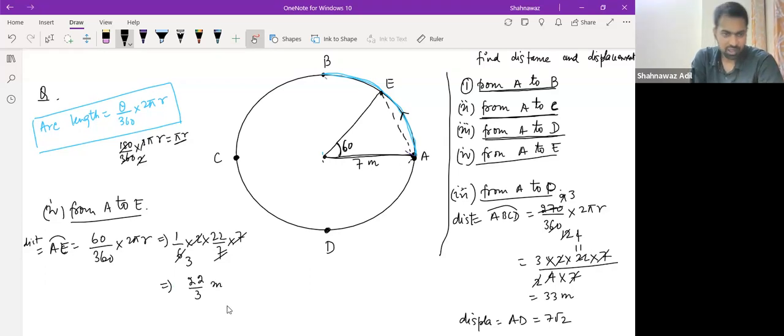Right. And for the displacement AE length, we have to find out the AE length. Can you tell me how we can solve this question?